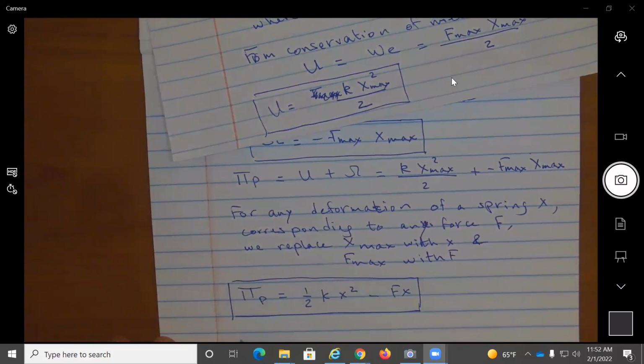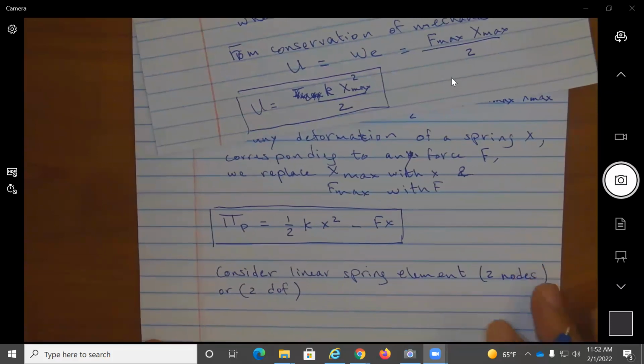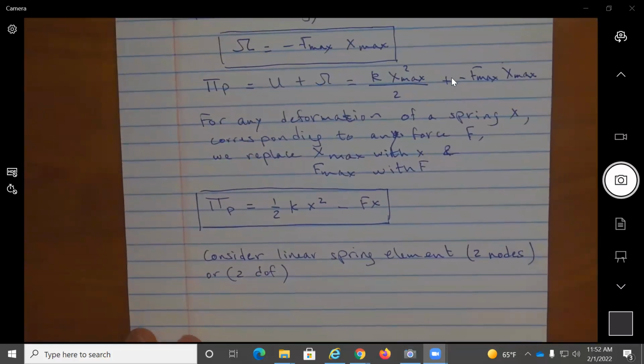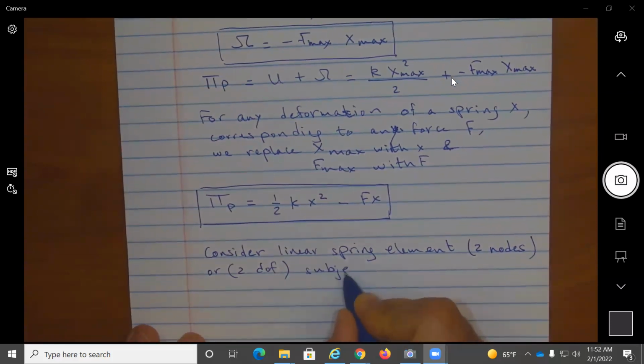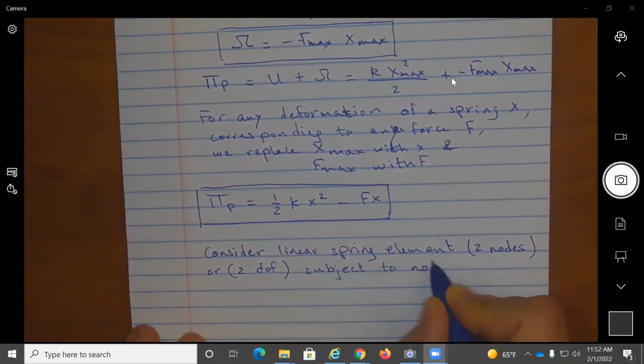Now we are going to apply that to our spring element. So we're going to consider the linear spring element that has 2 nodes, 1 degree of freedom per node, so 2 degrees of freedom, subject to nodal forces.